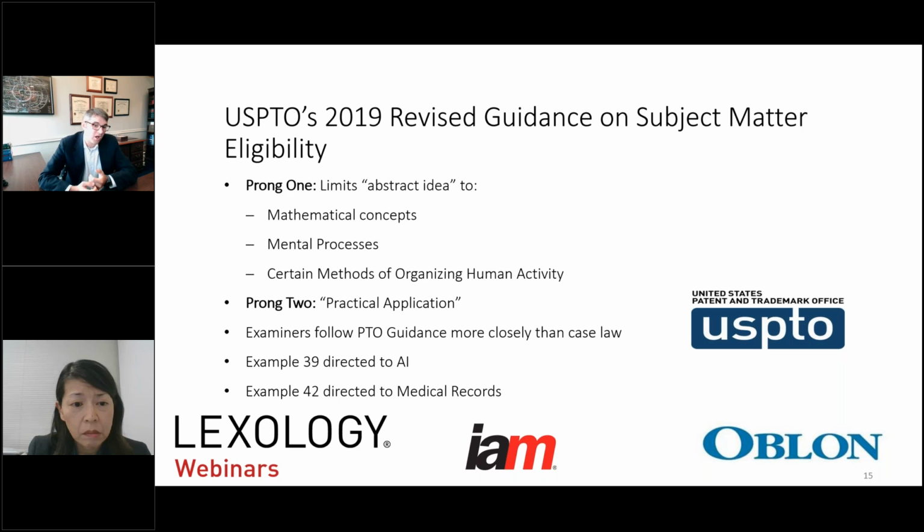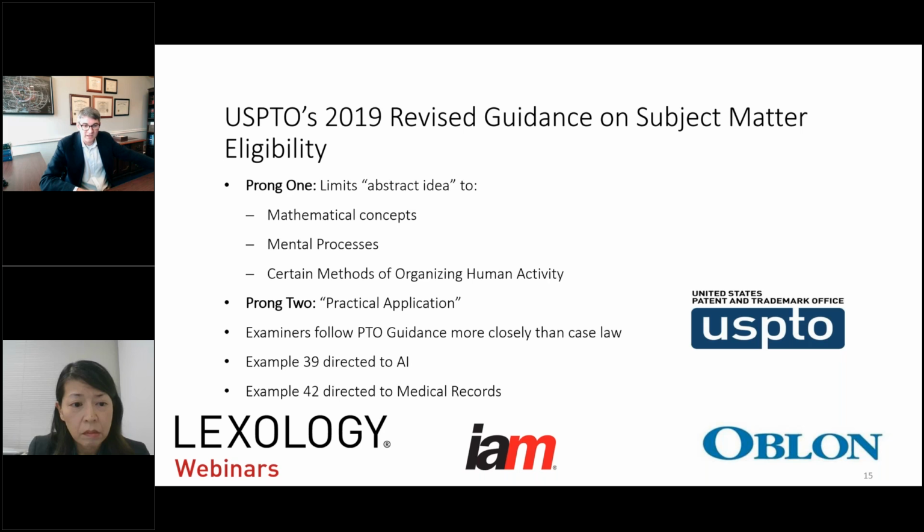It then had this second prong that could overcome these abstract idea issues, which is the practical application. And we know that examiners follow this guidance very closely, more closely than case law, and the Patent Office even has provided examples directed to AI and medical records, which have helped us obtain patents in the AI area.